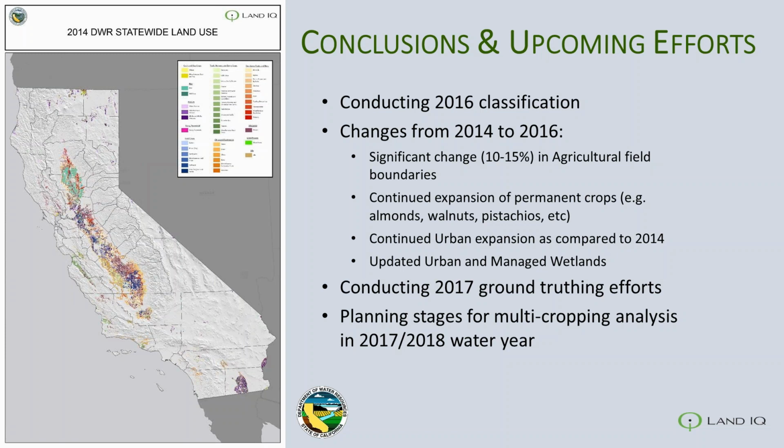We're beginning an effort right now here in the fall to conduct 2017 ground truthing work to begin to get a handle on more highly frequent rotational crops or multi-cropping systems, especially in the coastal areas where things are somewhat more dynamic than they are in other areas of the state. Those planning stages are going on now. So I'll end there, and I'll let Wyatt pick it up.